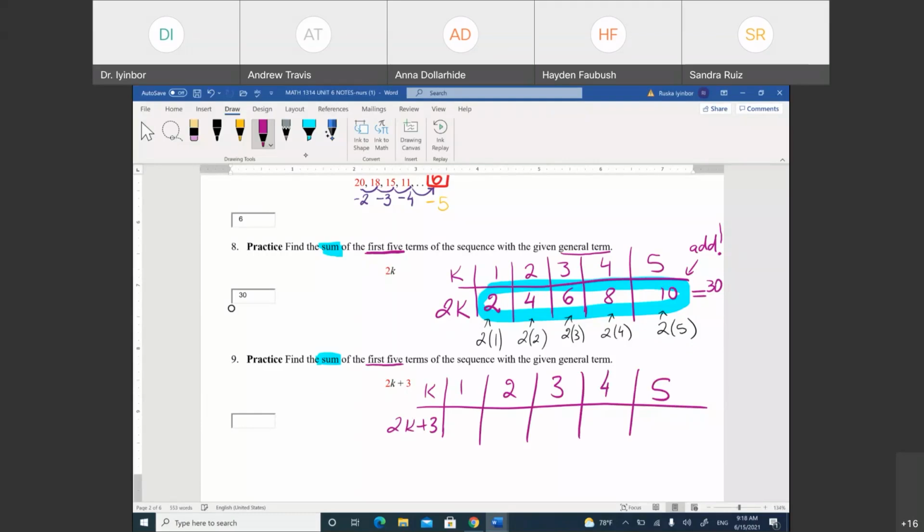So now when k is 1, I'm going to have 2 times 1 plus 3. What is that? 2 times 1 is 2, plus 3 is 5. Right? Then I'm going to replace k with 2.